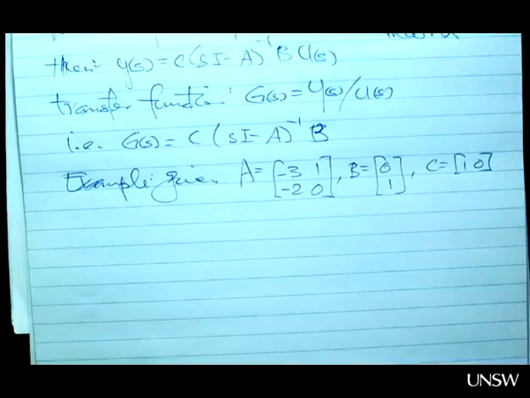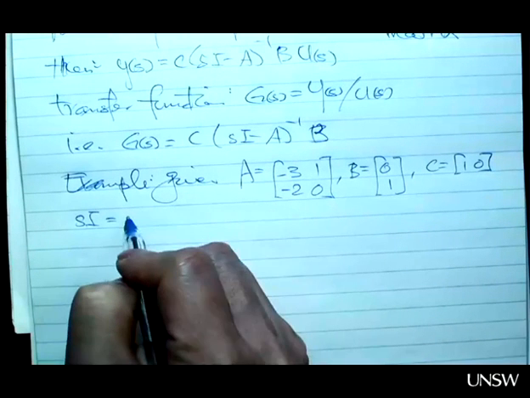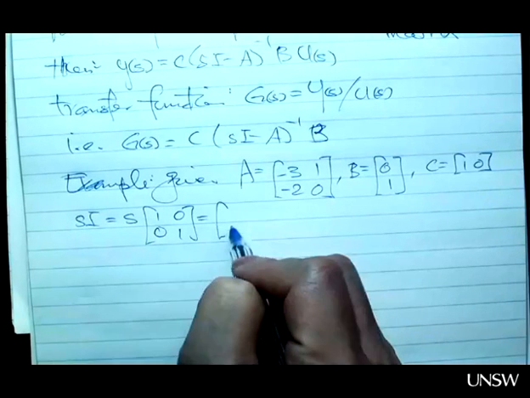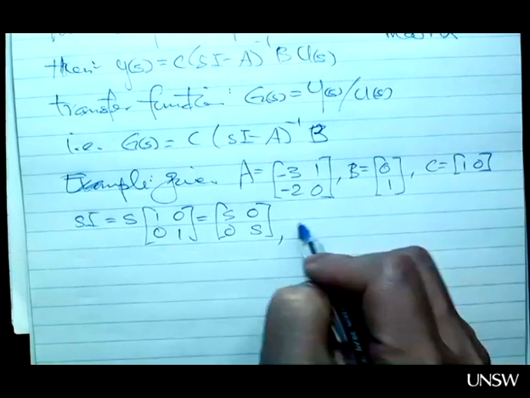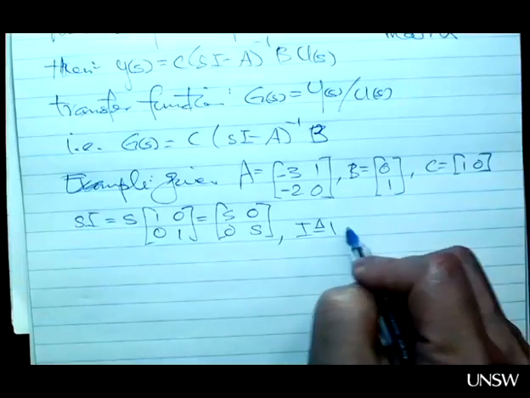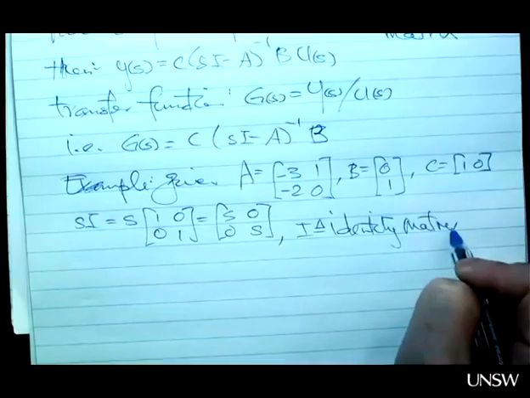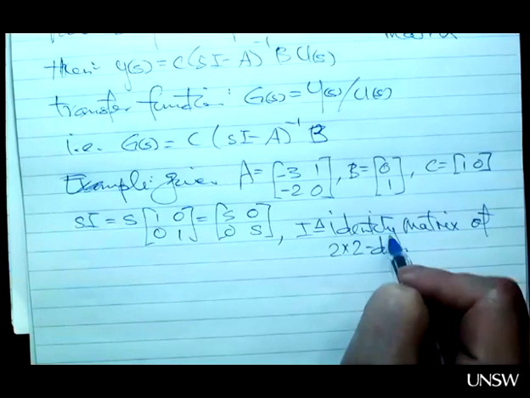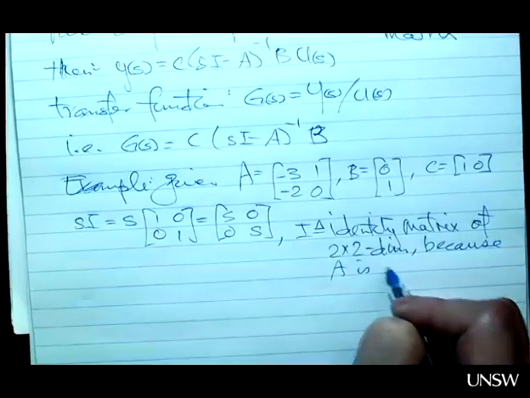The first step is sI, so it is s times I. Here, I is defined as the identity matrix of 2 by 2 dimension, because A is 2 by 2 dimension.